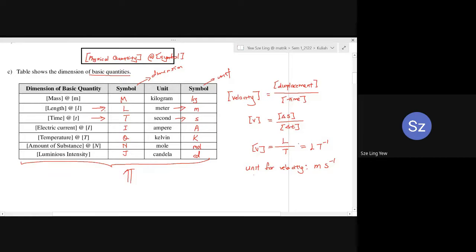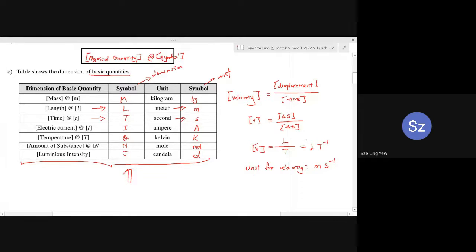But in an exam, sometimes you have something more complicated. For example, if the question asks you to derive the dimension for force: force equals mass times acceleration, acceleration equals velocity over time, and velocity equals displacement over time.